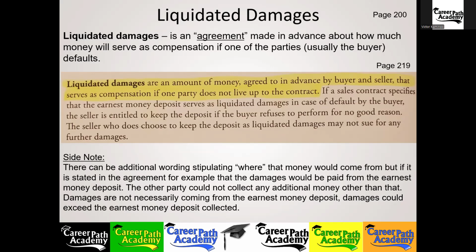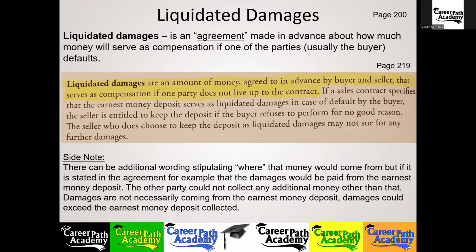So liquidated damages, once again, is just an amount of money that serves as compensation in the event one of the parties breaches the contract. It doesn't specify where the money's coming from, but if it does, then there can't be any additional money that can be claimed from other places.